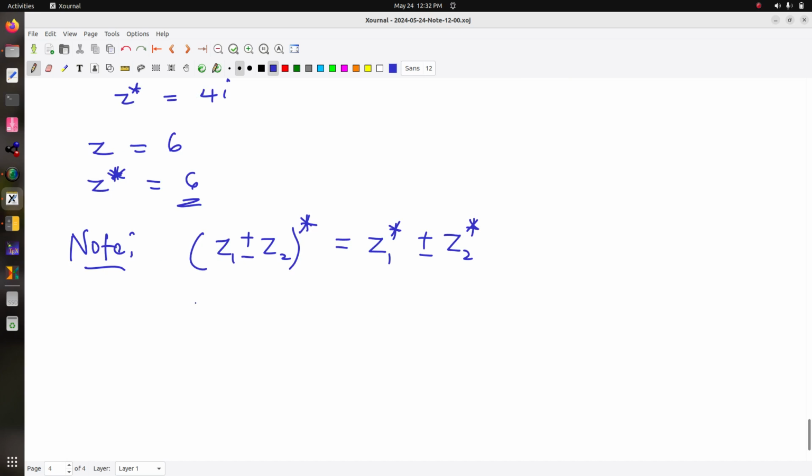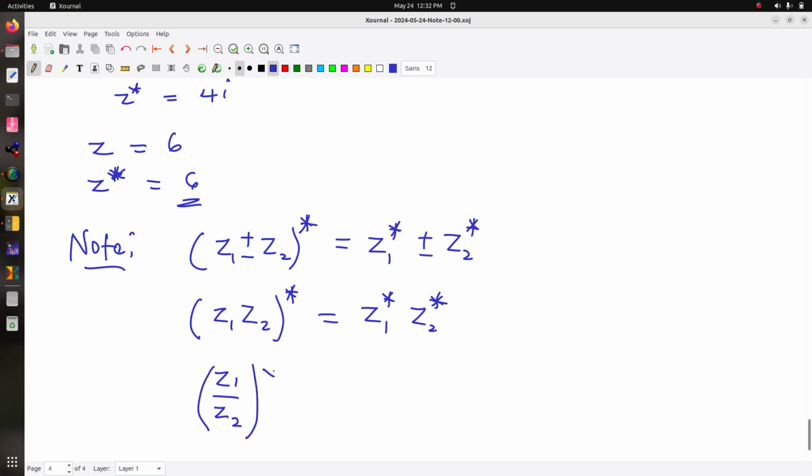Similarly, the complex conjugate of the product of z1 and z2 is the same thing as finding the complex conjugate of z1, then multiplying it by the complex conjugate of z2. Also, the complex conjugate of the division of z1 by z2 gives the complex conjugate of z1 divided by the complex conjugate of z2. We'll look at division of complex numbers shortly.